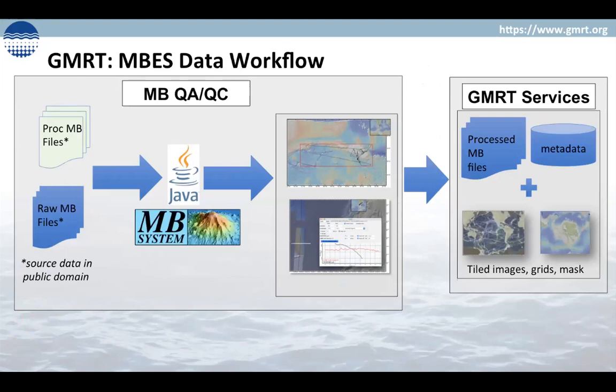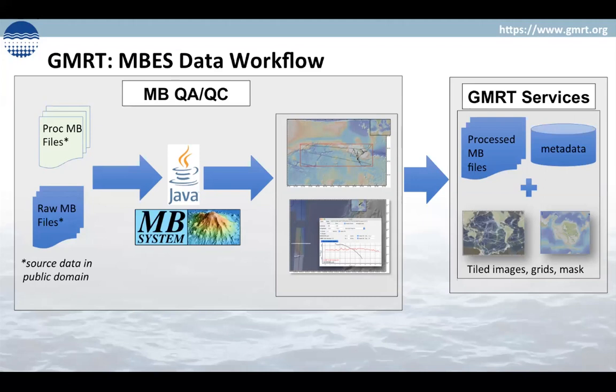So for the multibeam data workflow, as I said, we're using MB System as our engine in conjunction with Java, which is what the tiling code was initially developed in. We can take in either raw multibeam files, so swath files, or processed multibeam files.